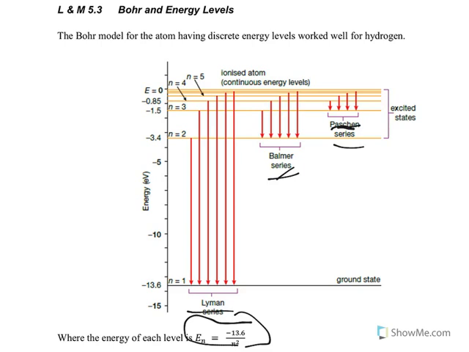So even though it doesn't explain this model for more complicated atoms, it still gives an idea that there are some discrete energy levels for the electrons in the atom.